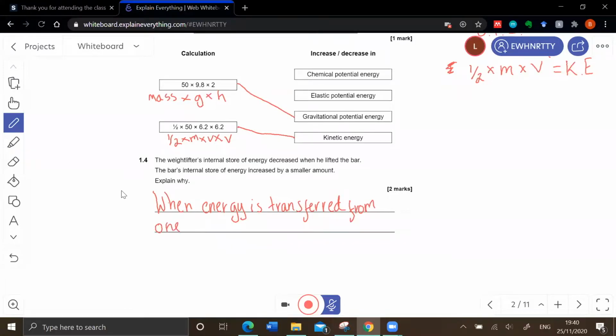it is never 100% efficient. Okay, efficient.